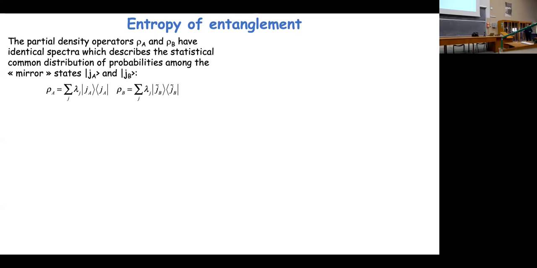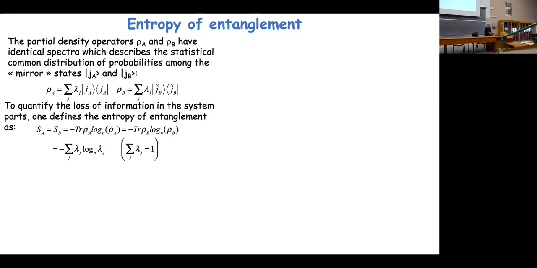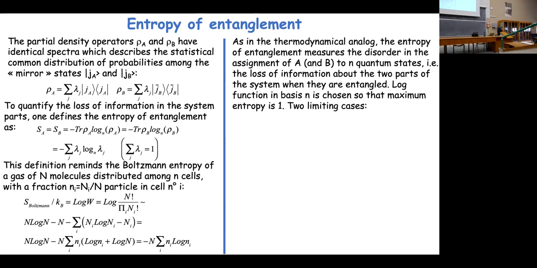And this is given by the entropy. By analogy with Boltzmann entropy, you define the entropy of entanglement by writing minus the sum over j of lambda j log of lambda j. And why did I write this? If you remember the first lecture that I gave, when I looked at the number of possible distributions of n particles among j boxes, I got the same expression.